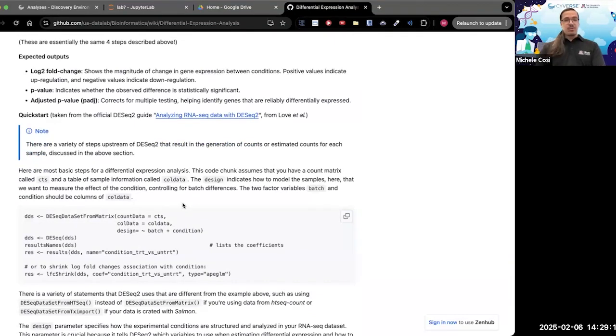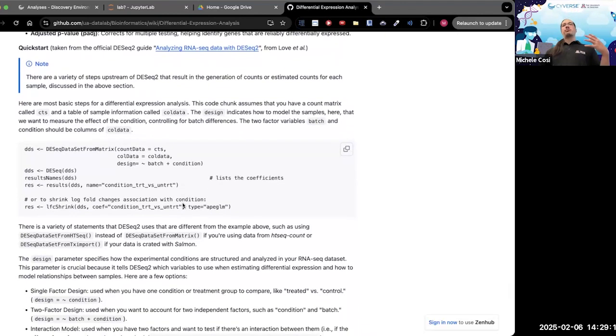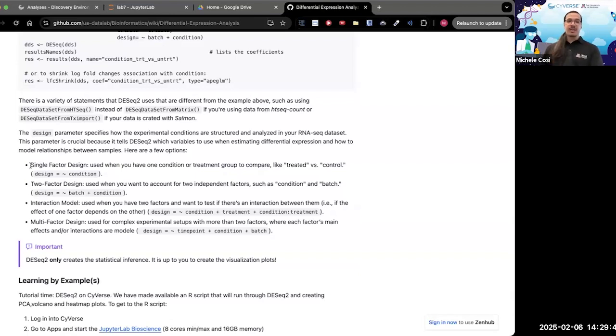The last thing that I do want to mention about DESeq2 is that if you are running it on your own, you need to understand the experiment before you run DESeq2. Why? Because DESeq2 takes into consideration the design of the experiment that you are running. For example, here are 4 examples, but what we're going to be doing today is a single factor design where we have a treated versus a control.